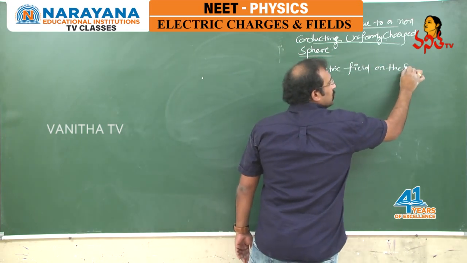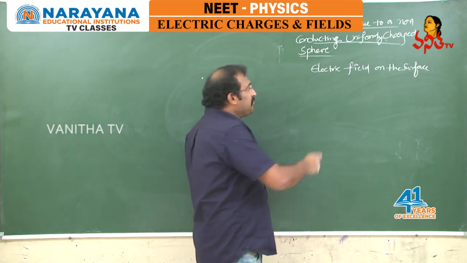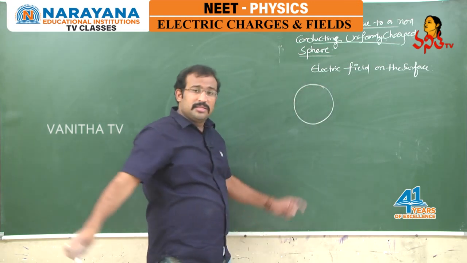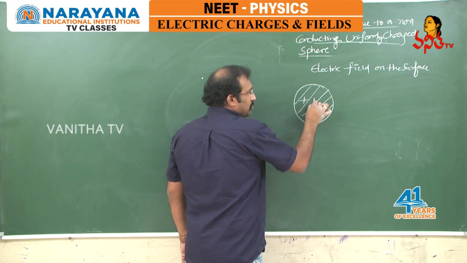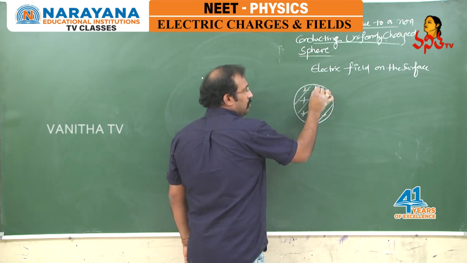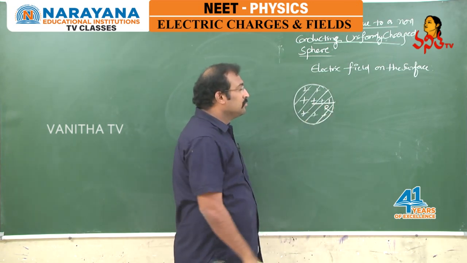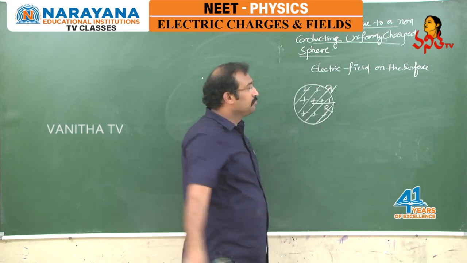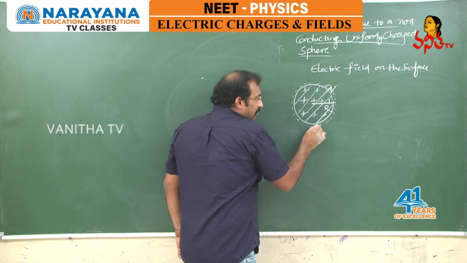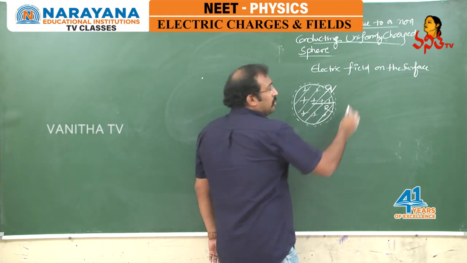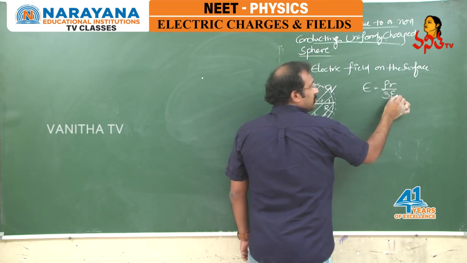This is the sphere, this is the radius R, and the charge enclosed by it is Q. If I draw a Gaussian surface exactly upon the surface like this, we know that E is equal to rho r by 3 epsilon naught.